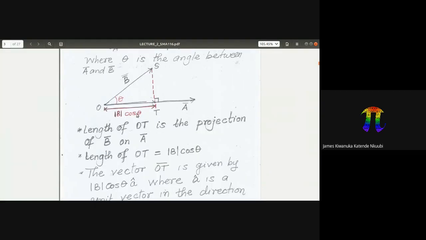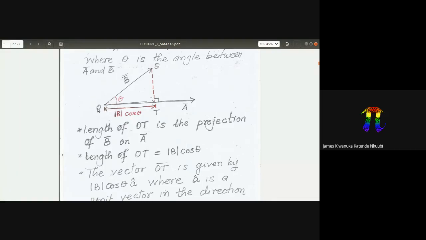So I can look at this OT as a vector. If I think of it as a vector, it's in the same direction as the vector A. So I can write OT as a multiple of a unit vector in the same direction as A. If I have a small unit vector in the direction of A, OT would be given by the length of OT multiplied by the unit vector in the direction.